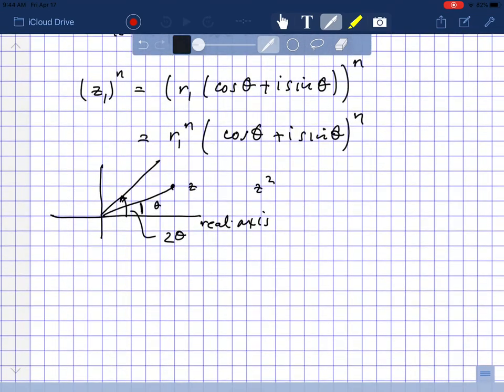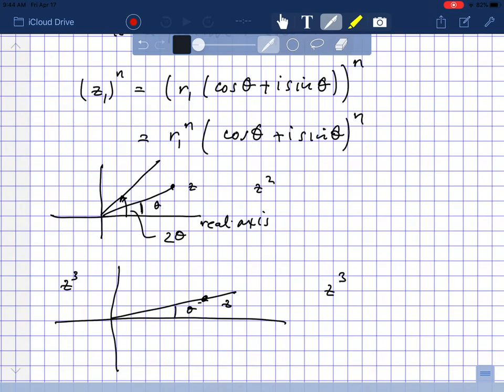Okay, and if I look at z cubed, so again, here's theta, and here's my z, and now I'm looking at z cubed. So what is that?